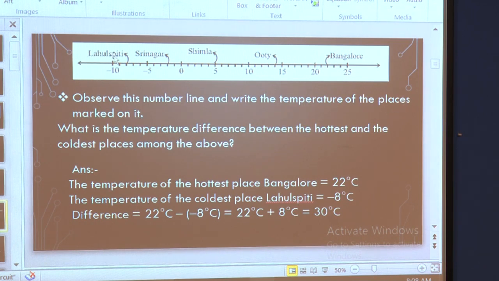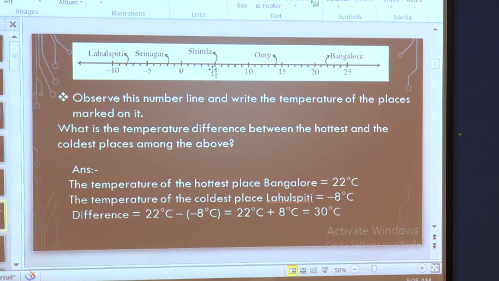The names of the places are given, I will just read them out: Lahaul Spiti, Srinagar, Simla, Ooty, and Bangalore. You have to write the names of all these cities and their temperatures. Now, I will explain in short.